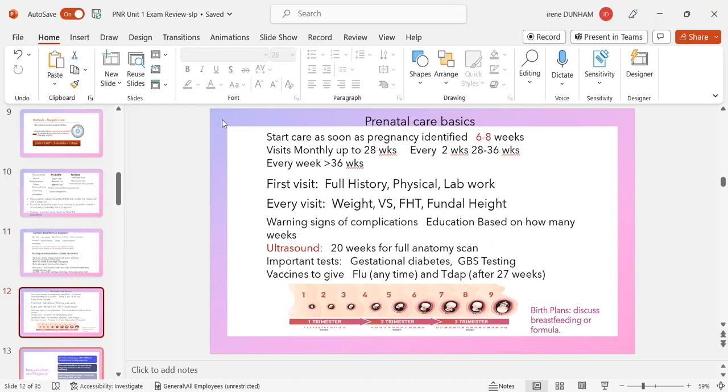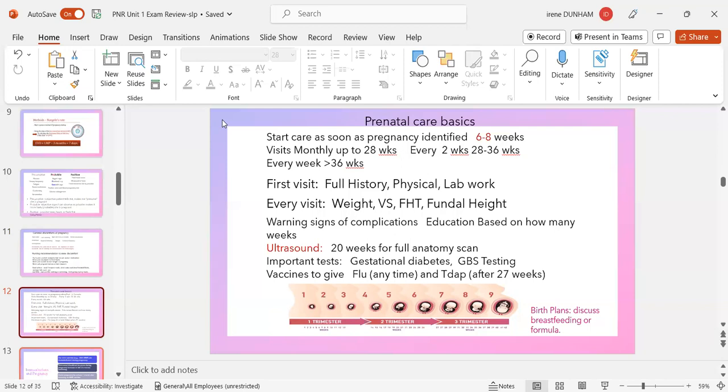Okay, so prenatal care. We start care as soon as pregnancy is identified, usually about 6 to 8 weeks, and some places up to 10 weeks, because at 10 weeks usually the uterus comes out of the pelvis and sits slightly up, just above the symphysis pubis, so that you can see the fetus and maybe pick up Doppler fetal heart tones.